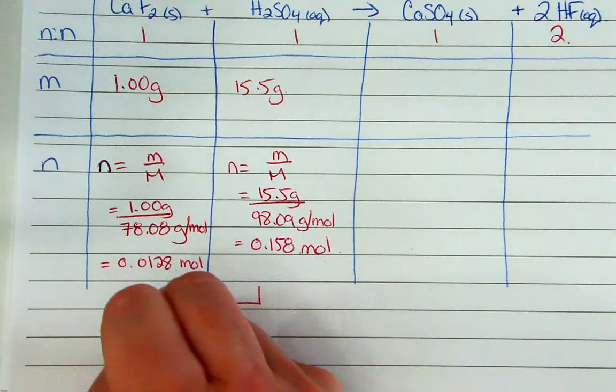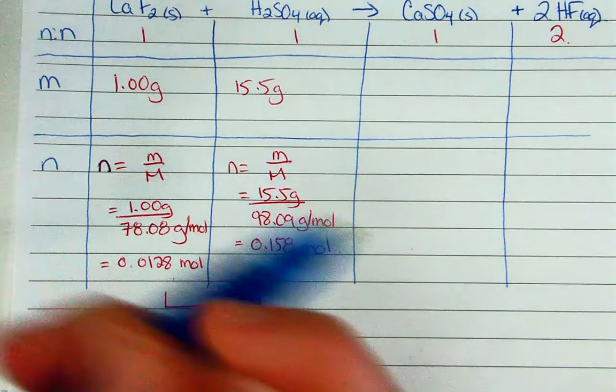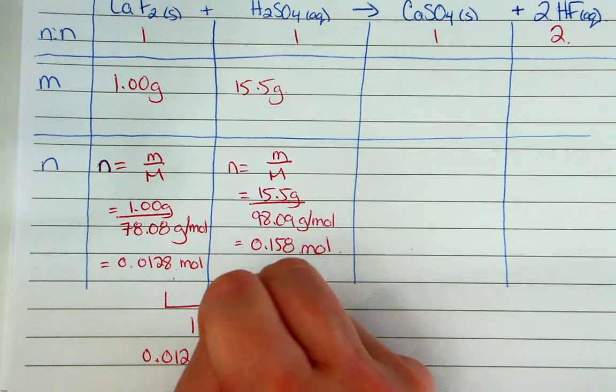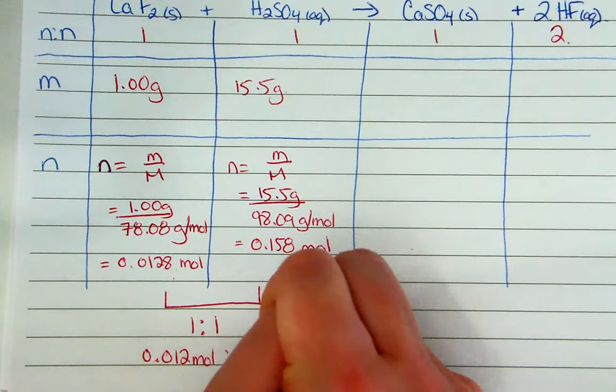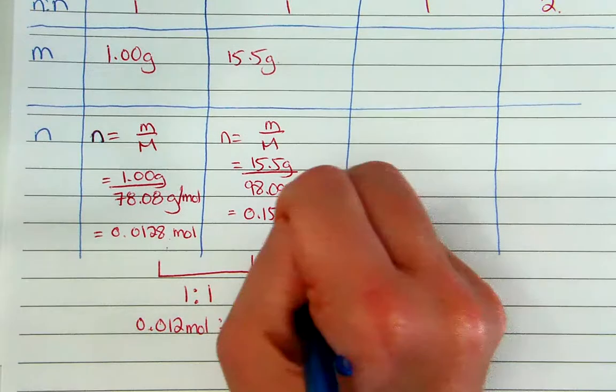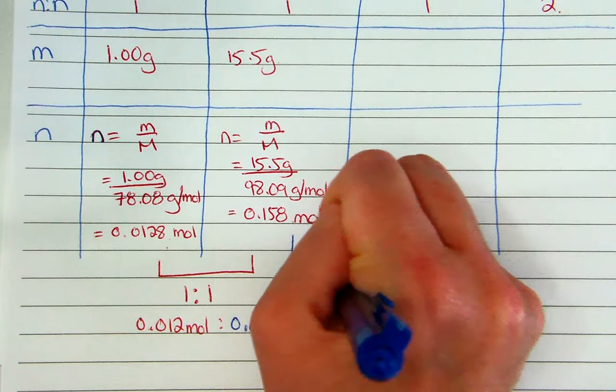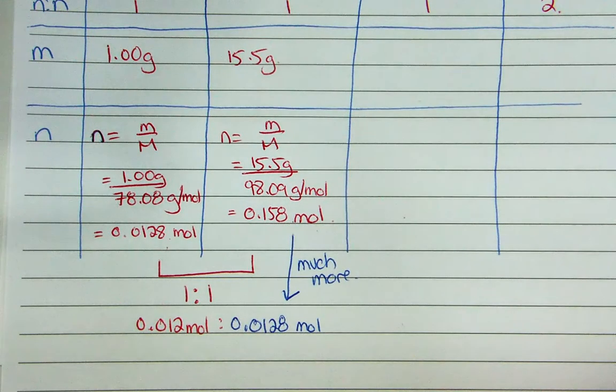So if I have 0.0128 moles of calcium fluoride, well, that would require 0.0128 moles of sulfuric acid. I have much, much more than that, like 10 times as much of that.